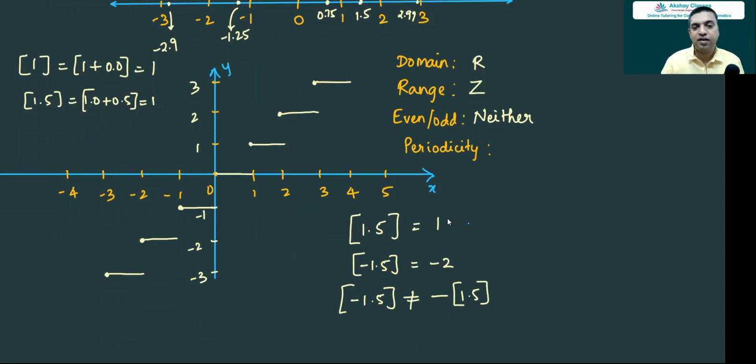Clear? So it is neither even nor odd, and it is not periodic also. It is not periodic because the integer values keep on increasing. The function value is not repeating again.